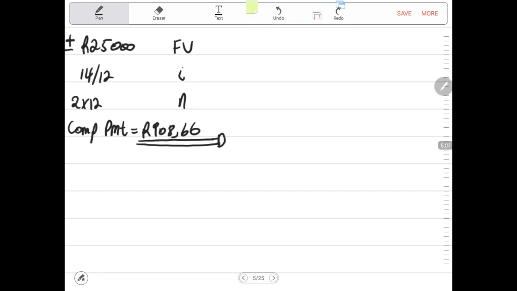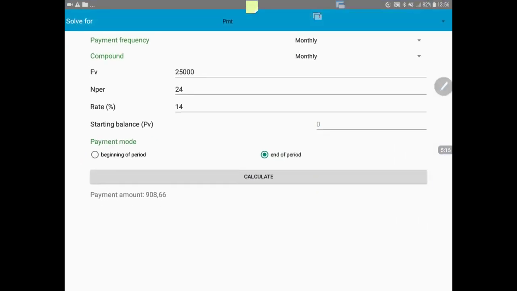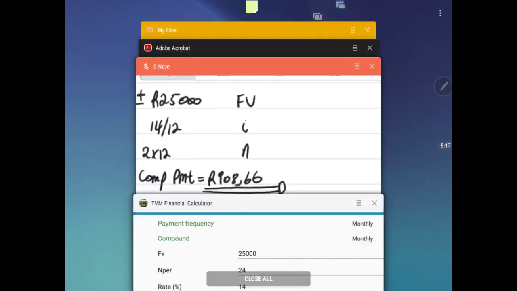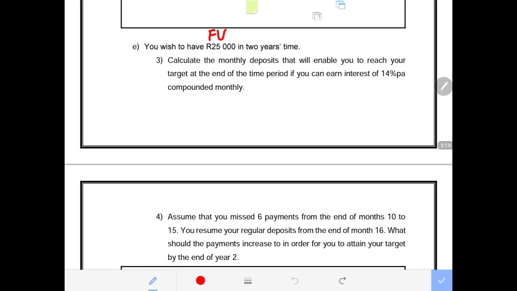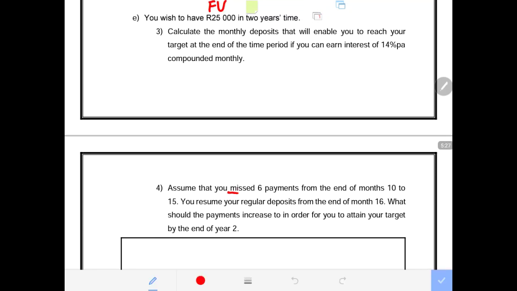So now let us look at the other part of the question. This was the first part of D. Now we go to the second part of the question, which says, assume that you missed 6 payments. Oh shame, 6 payments are missed from the end of month 10 to month 15.